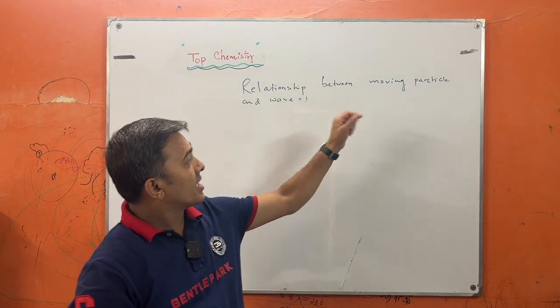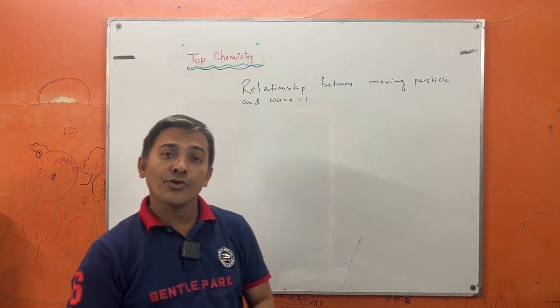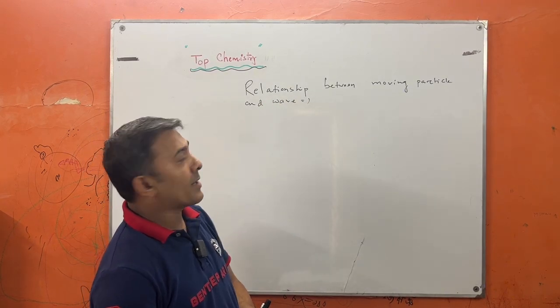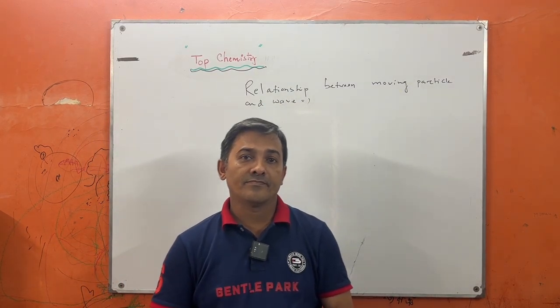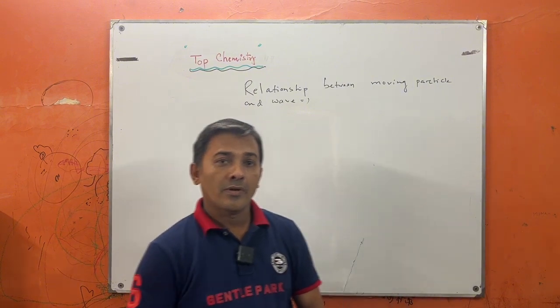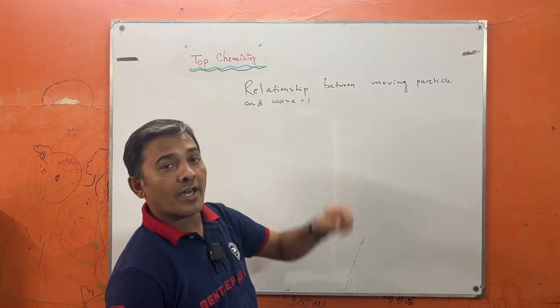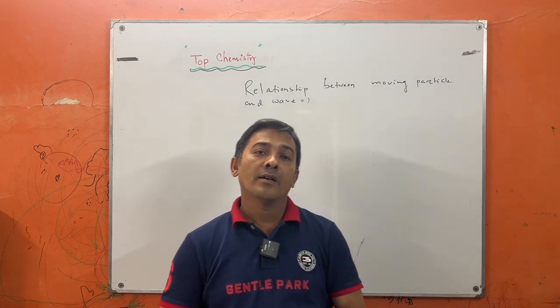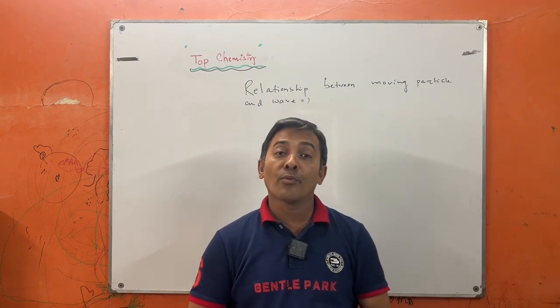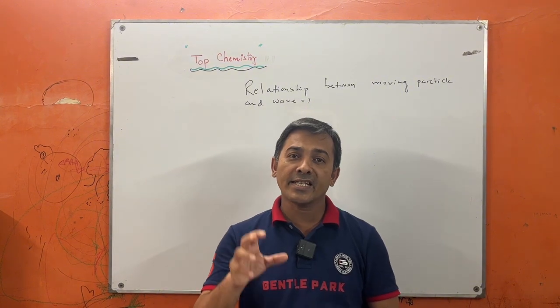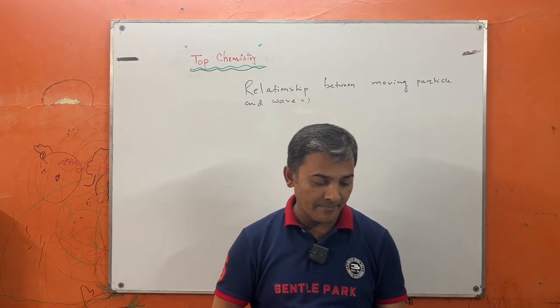We know what is a moving particle and we know what is a wave. Dear students, we have an idea about moving particle and wave. A moving particle is one which can change its position in course of time.